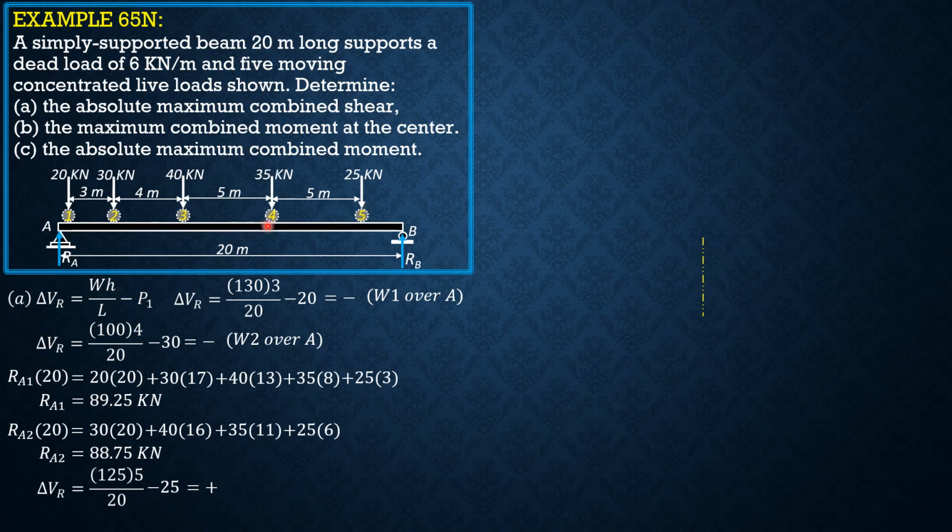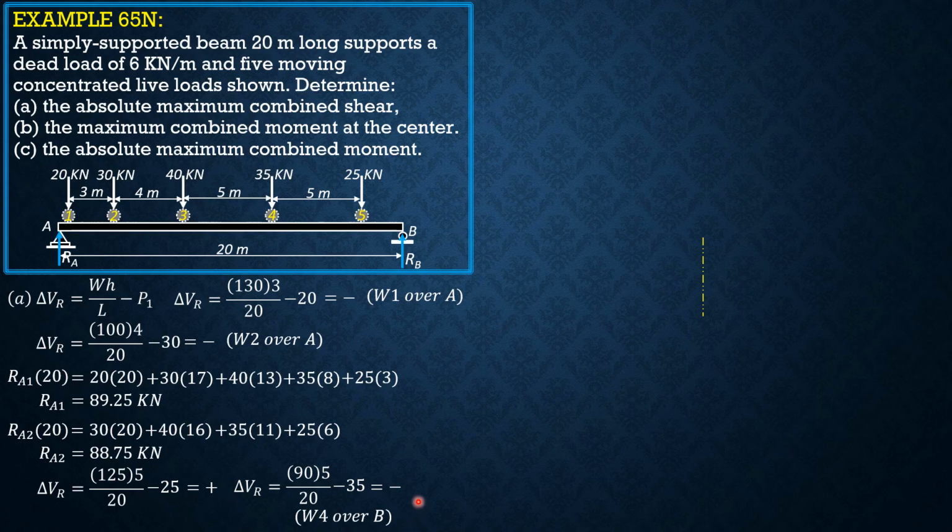Then load 3 is over B, our P1 would be 35, our W would be 40 plus 30 plus 20 is only 90 times 5 over 20 minus 35, and it is negative. So that means preceding position, load 4 over B satisfies the condition.